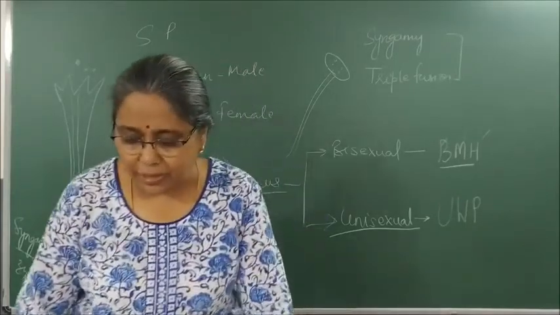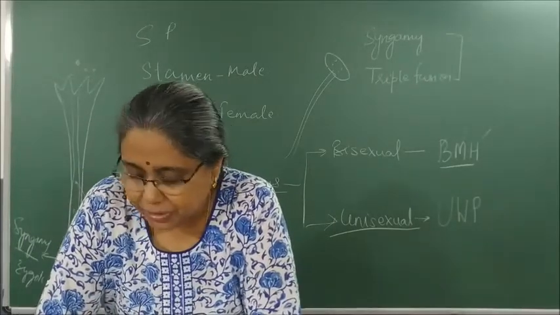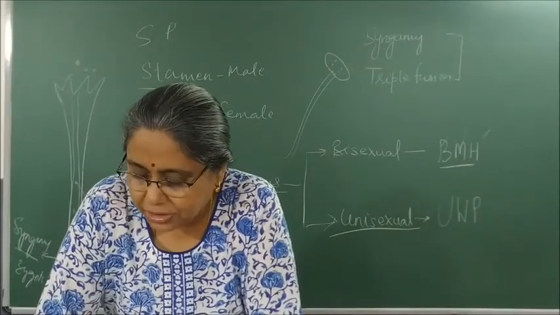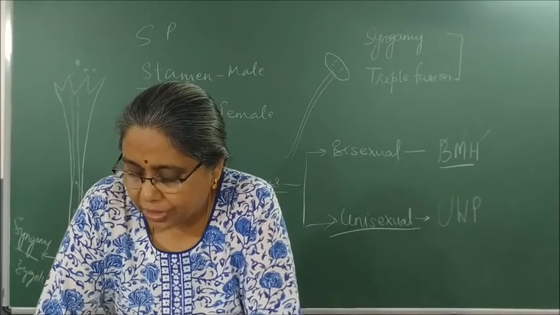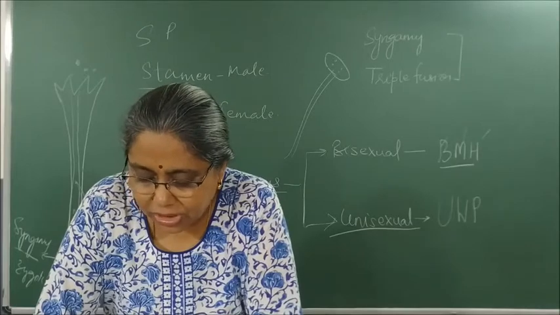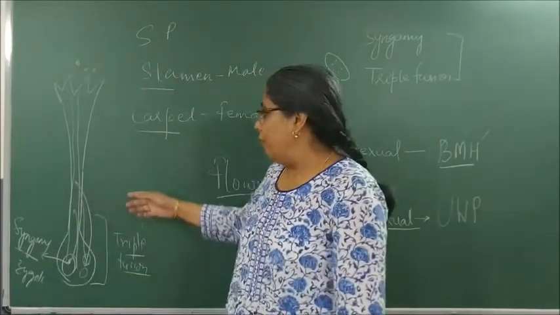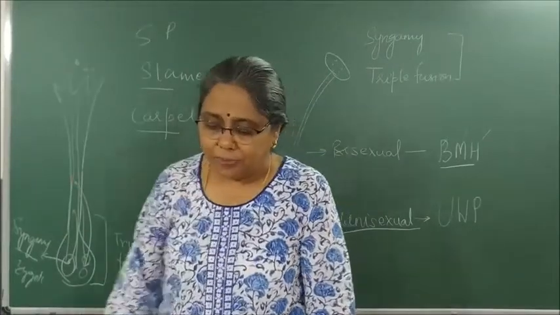Now the next part. After the pollen lands on a suitable stigma, it has to reach the female germ cell, which is in the ovary. For this, a tube grows out of the pollen grain and travels through the style to reach the ovary. This is called the pollen tube. Okay. Now the next part.